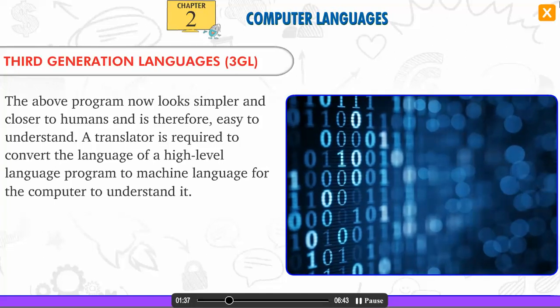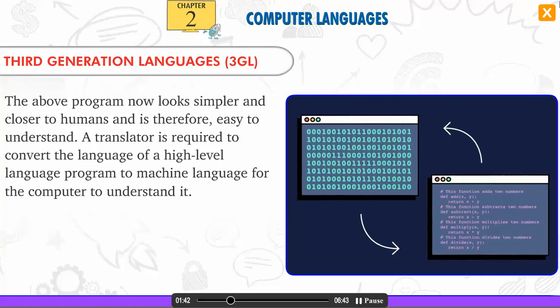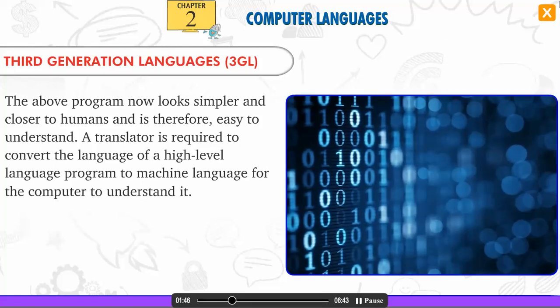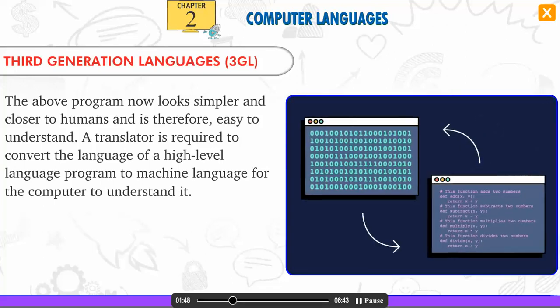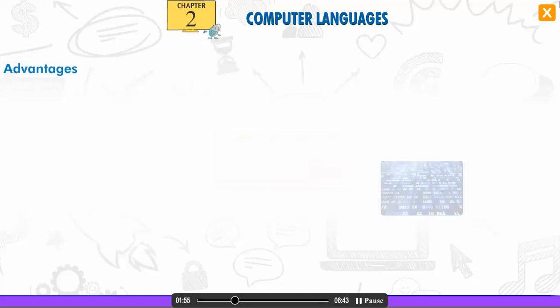A translator is required to convert the language of a high-level language program to machine language for the computer to understand it. Remember, correcting errors in a program is called debugging.